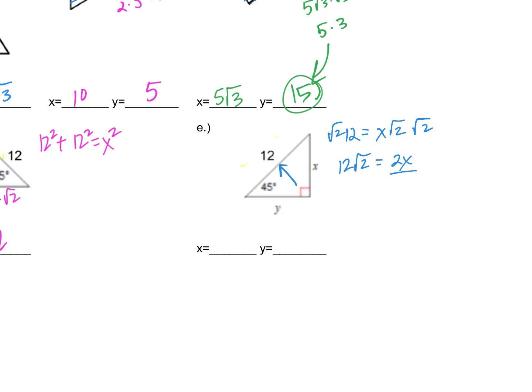That is because when I take radical 2 times radical 2 in my calculator, I get a radical 4, and that gives me 2. If you don't believe me, check your calculator. It will not lie. I divide each of these by 2, and so I get 6 radical 2. Well, this is an isosceles right triangle, so these are both 6 radical 2.